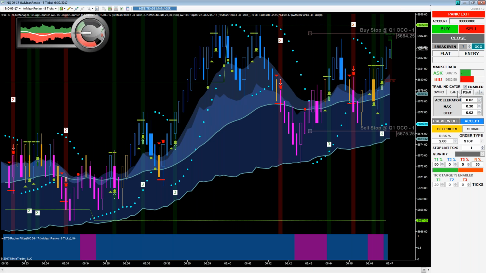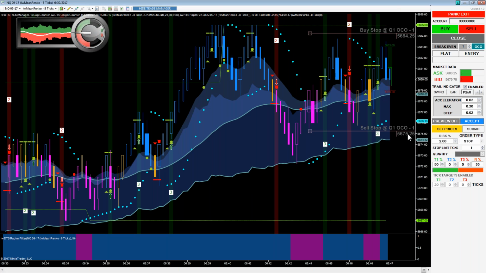And if you have a stop enabled, the trade manager will automatically engage your stop loss order as well. These orders are live the moment you put them on. So what I tend to do is sometimes I'll place them a little bit further away and then bring them in to where I want them to be.